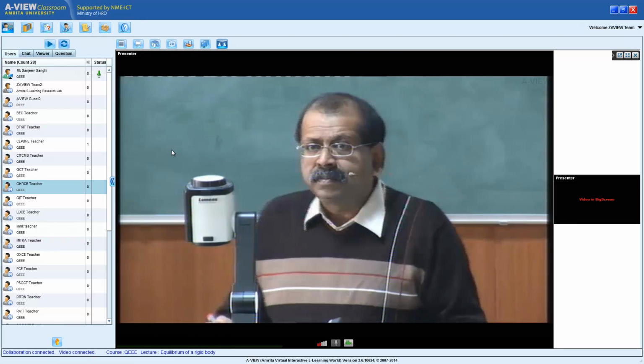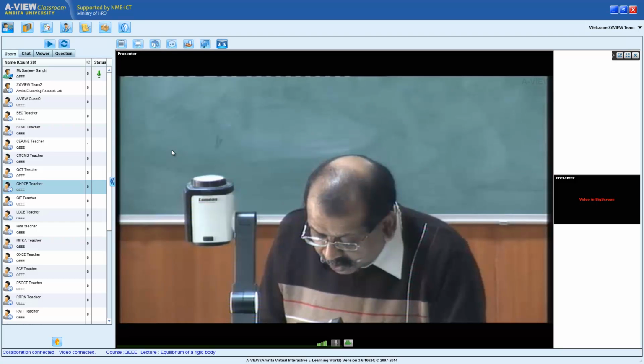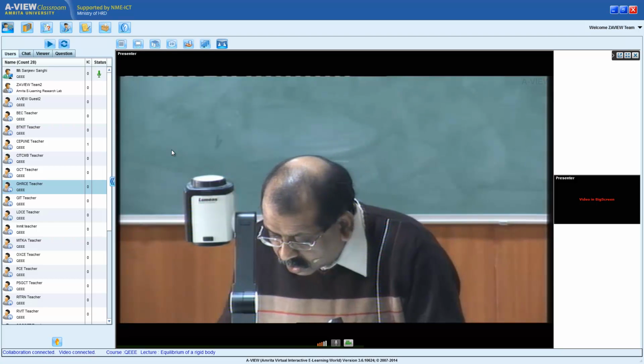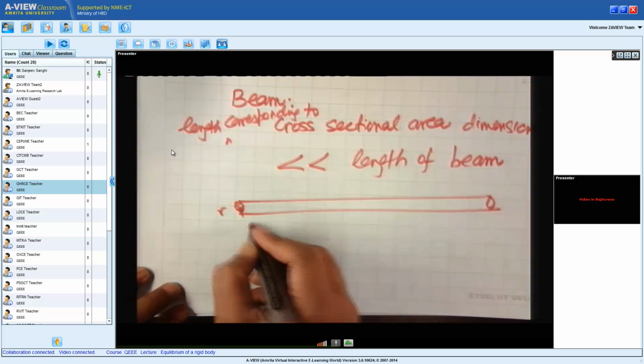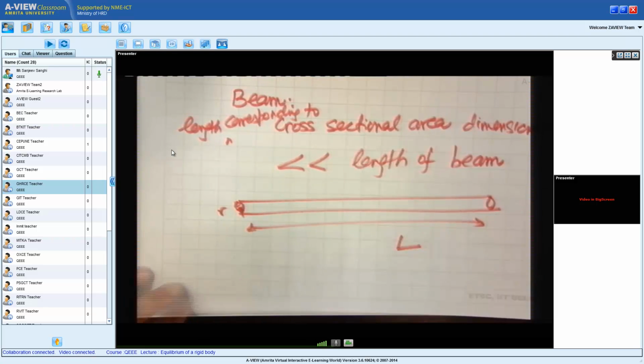For example, if we have a circular section like this, radius is r, this length is l.